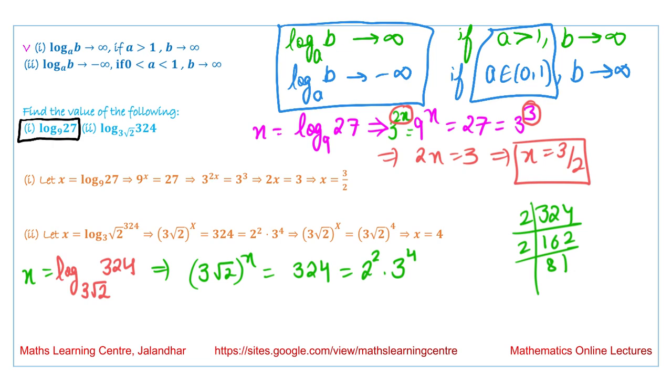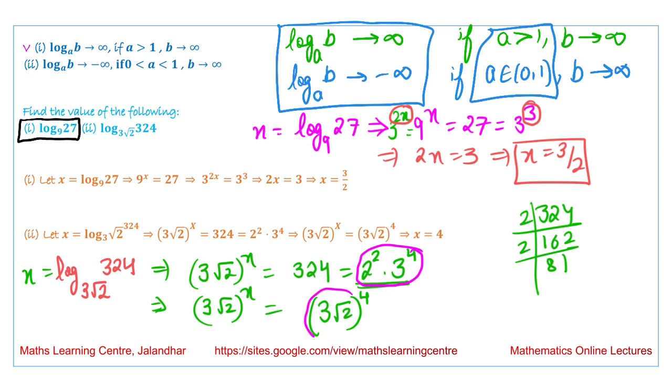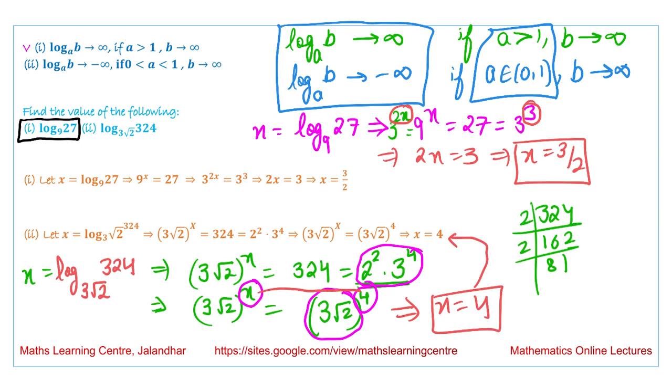So we can write this as 3 root 2 raised to the power 4. By comparing the powers, the value of x is equal to 4.